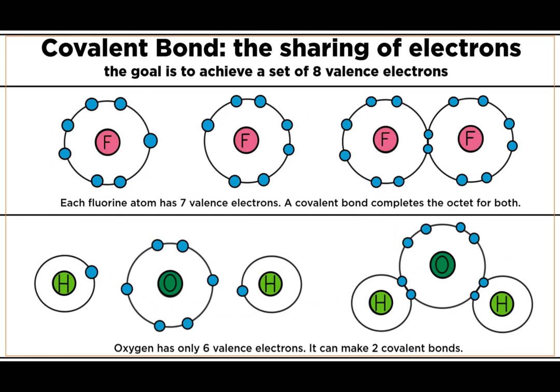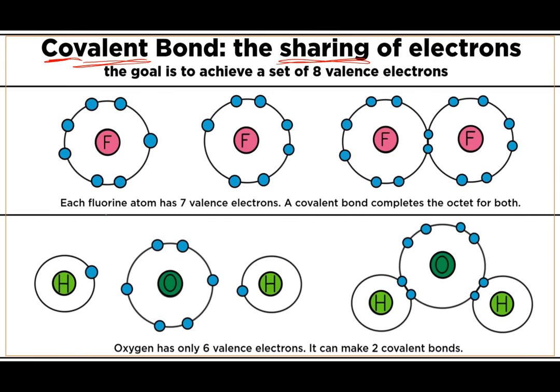And covalent bonds are the last one. That would be the sharing. Okay, so covalent. Co would mean sharing, and valent obviously has to do with the valence electrons. The goal here is to achieve a set of 8 valence electrons, except for the case with hydrogen, which only needs 2 because it is in the first period of the periodic table.